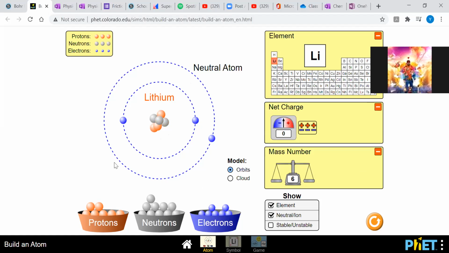I've got 1, 2, 3 protons and 1, 2, 3 neutrons. So that's 6, and that's why my mass number is 6. Anytime I add protons or neutrons, my mass number changes.